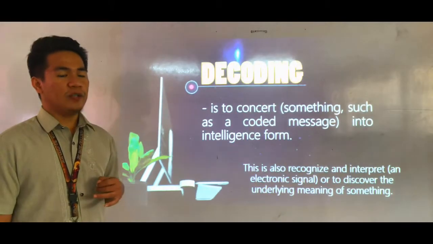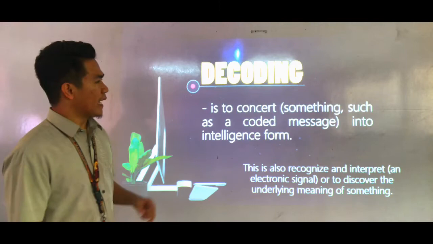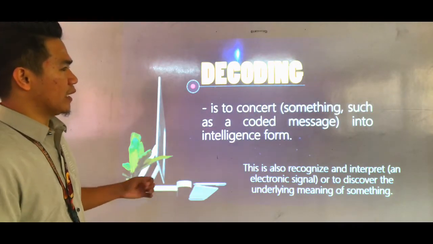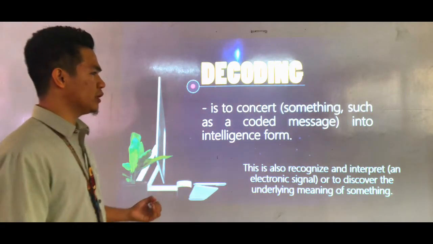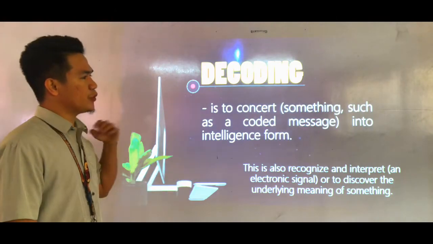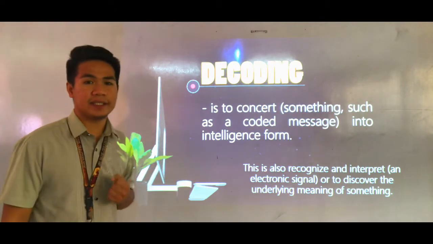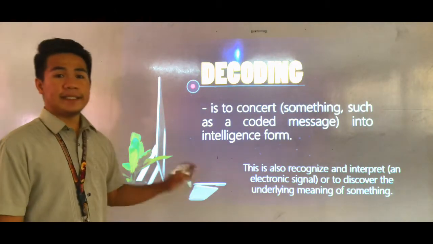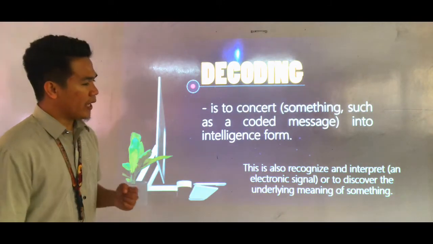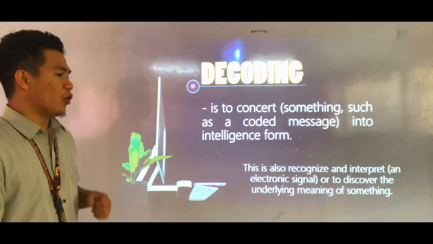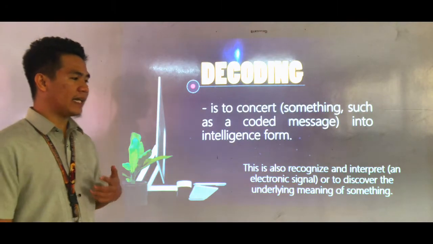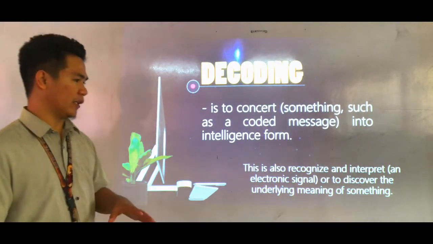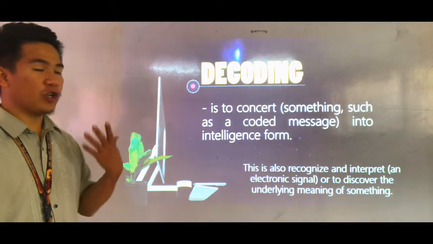Decoding is to convert something, such as a coded message, into intelligible form. This is also to recognize and interpret, or to discover the underlying meaning of something or an electronic signal.